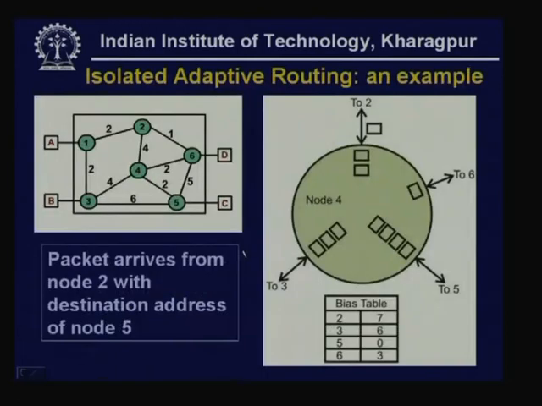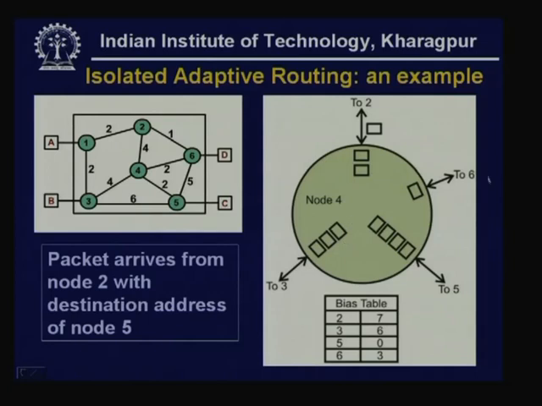Let us take up an example for that. Suppose here we have considered node 4 in this network, with the destination address 5. That means a packet is going from node 2 towards 5, and node 4 in between is shown here.